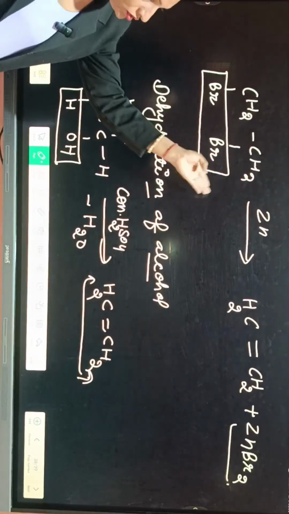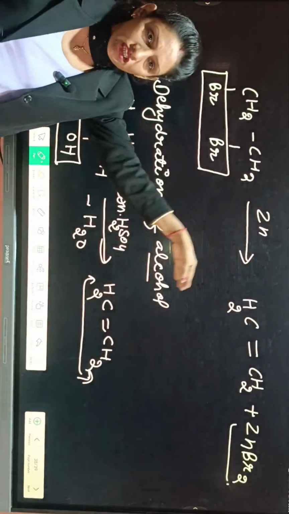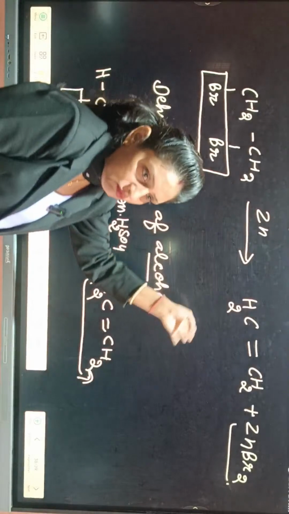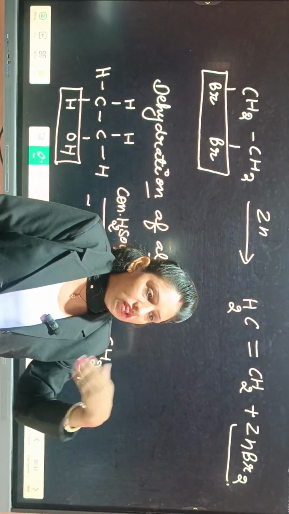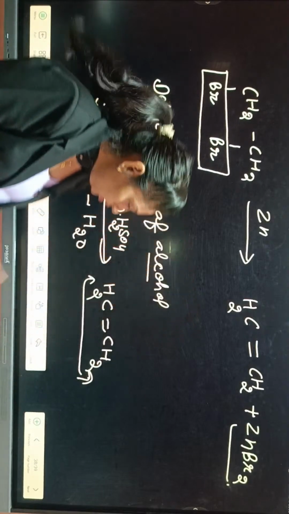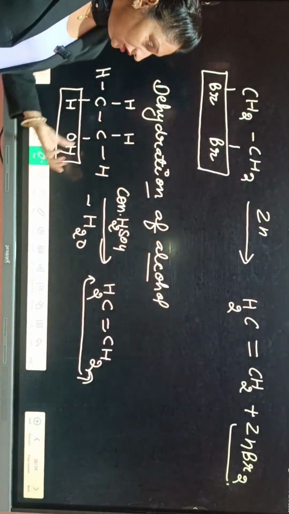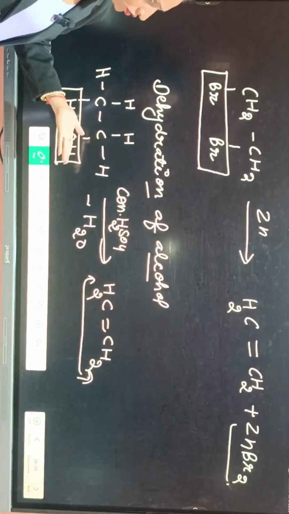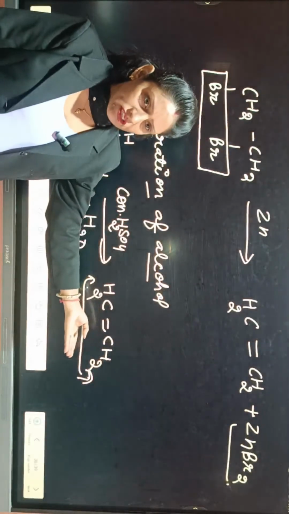In this you are removing halogen, dehalogenation. In that you are removing hydrogen and halogen, then dehydrohalogenation reaction. In this also, if you are having more than two options, then you can follow Saytzeff rule.